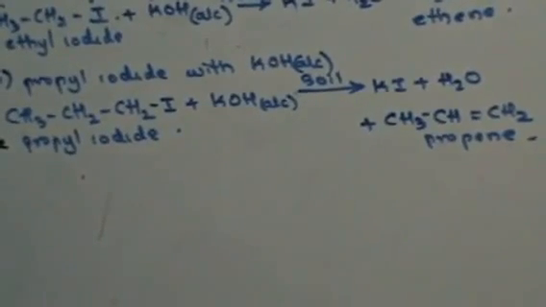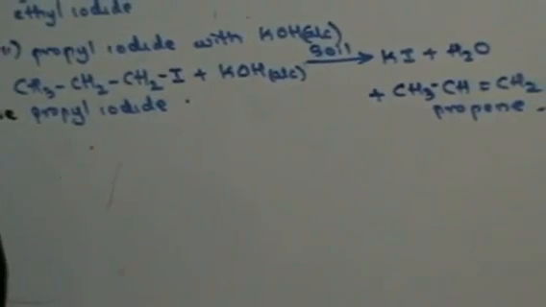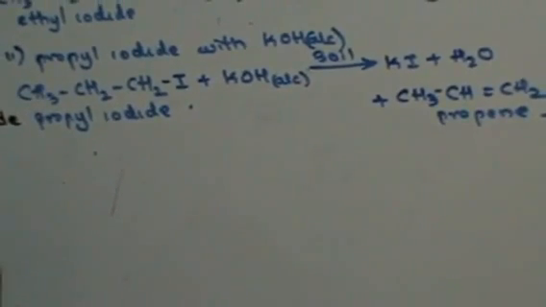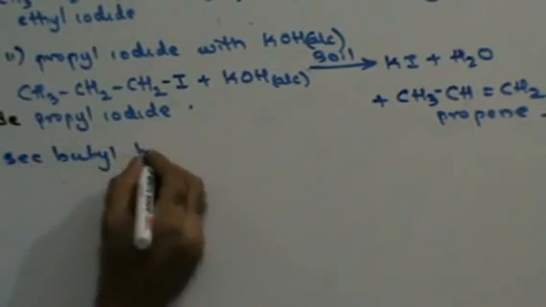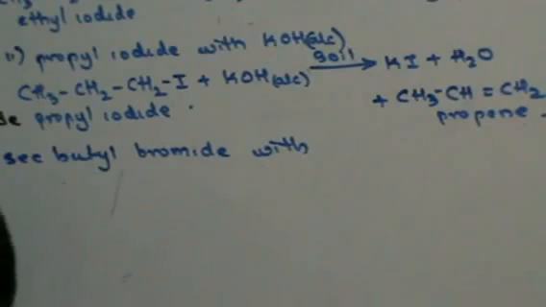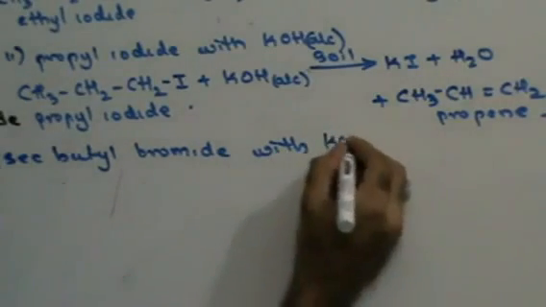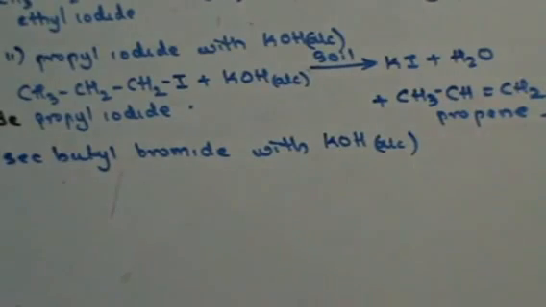Now let's see another reaction. Let's consider if you had sec butyl bromide, with alcoholic KOH. Butyl, 4 carbon atoms.